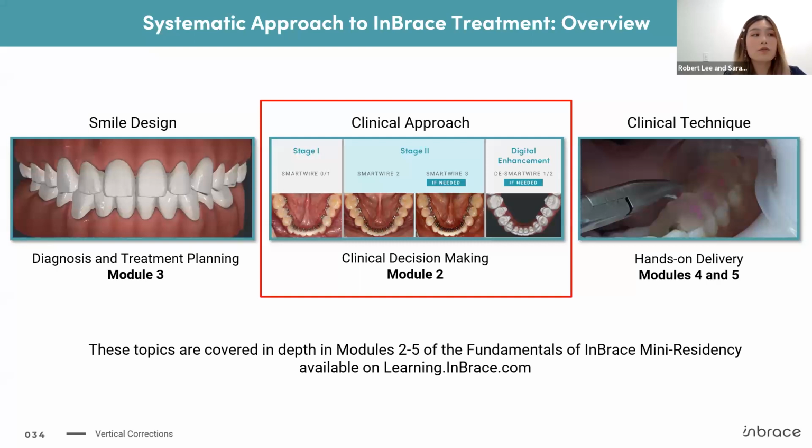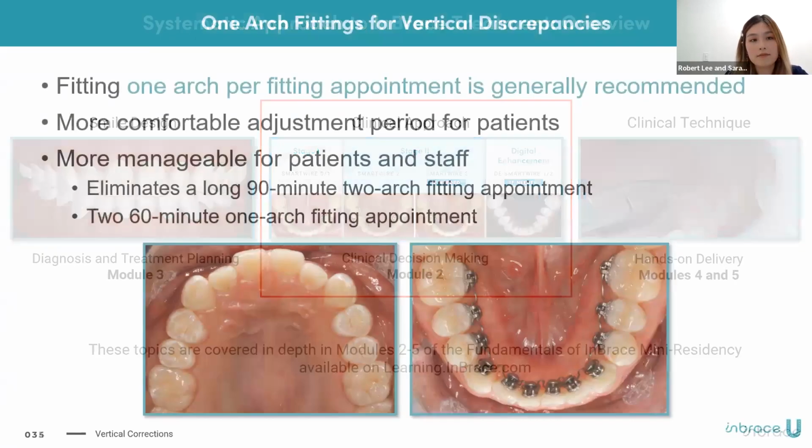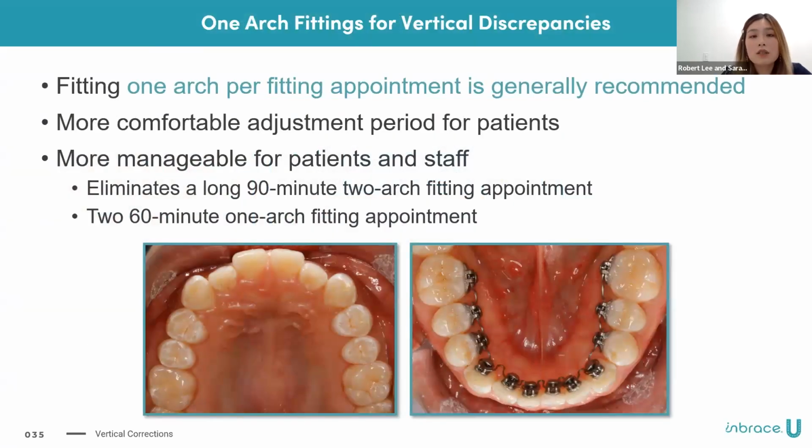So now that we've gone over the smile design, we just want to jump into our clinical approach and clinical decision making, which is covered in module 2 of the mini residency. Some of you may have heard me go over this before, but basically one arch fittings are definitely helpful in multiple ways, and they are also helpful when we have vertical discrepancies.